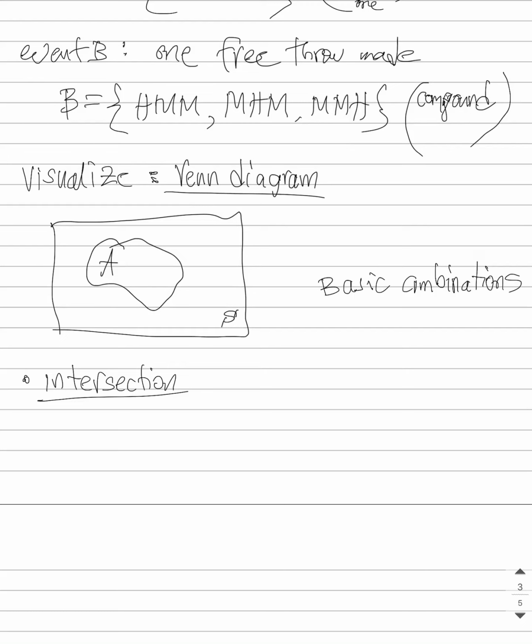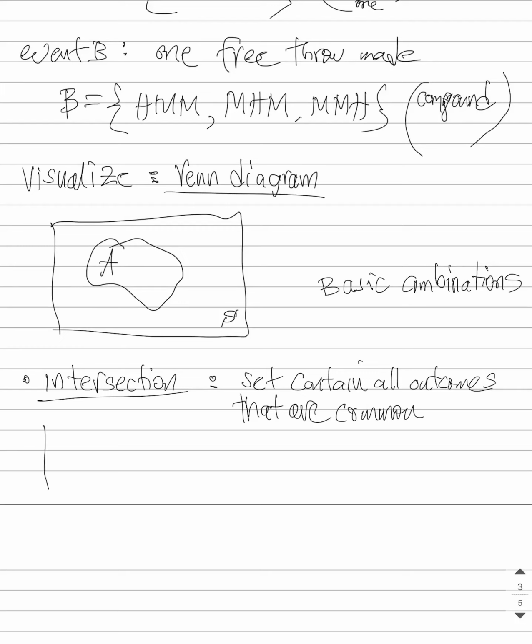Okay? So the first one we're going to talk about is intersection. Intersection is the set containing all outcomes common to two events or two other sets.